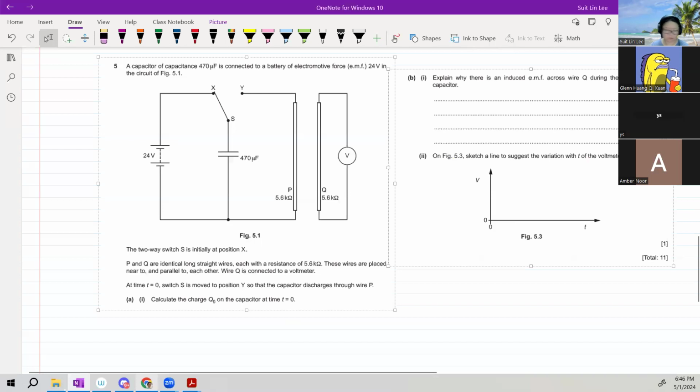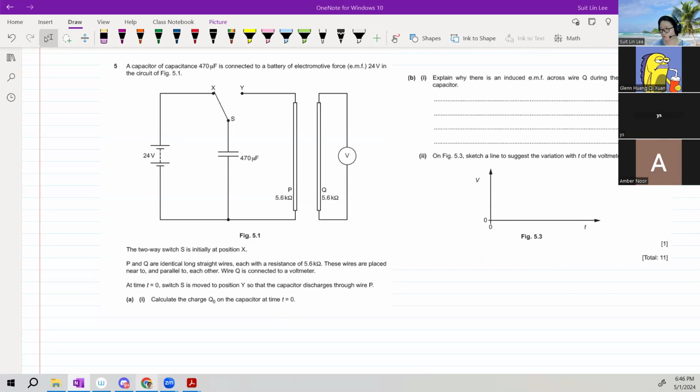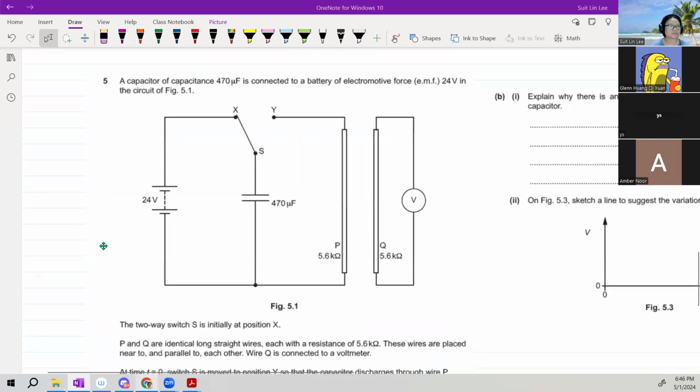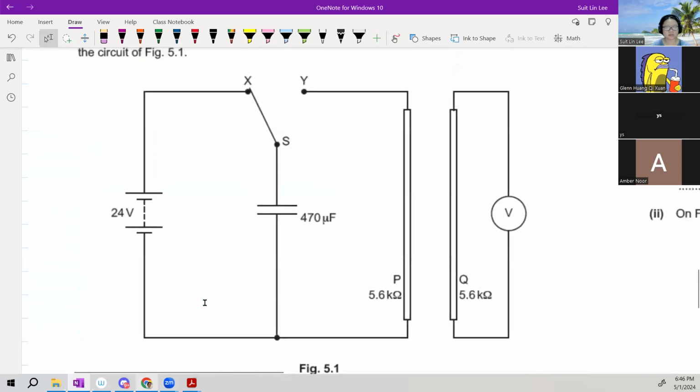I'm going to send images to the chat if you need it. But this one is ON22P41. We've already discussed this in class 1. There's just a follow-up question of why is there a magnetic field in Q?